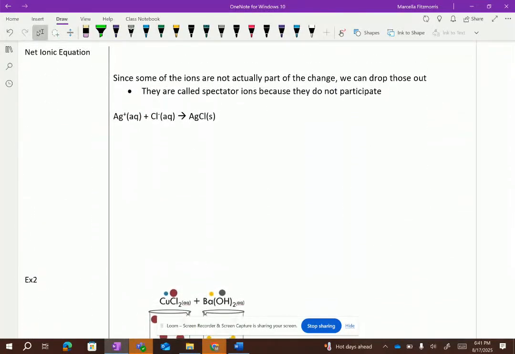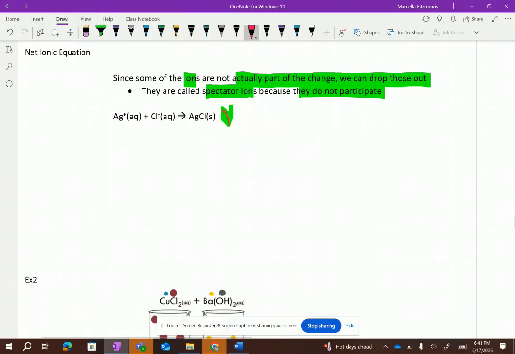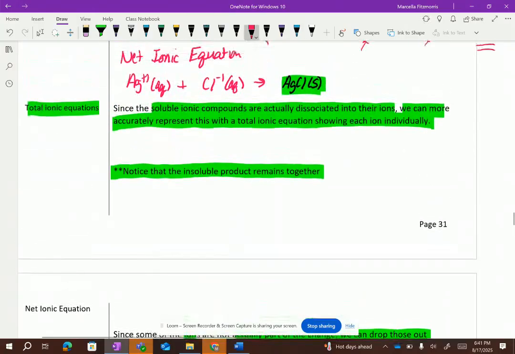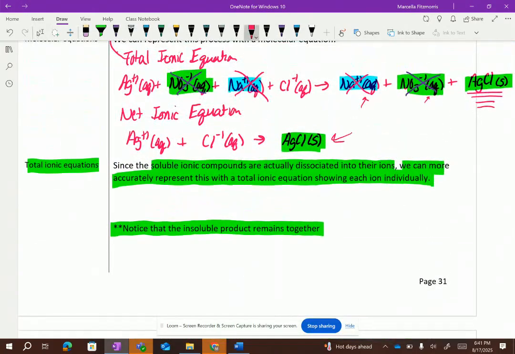All right. Now, since some of the ions are not actually a part of the change, we can drop those out. These are called spectator ions because they do not participate in the reaction. This equation here is what I just showed right there.